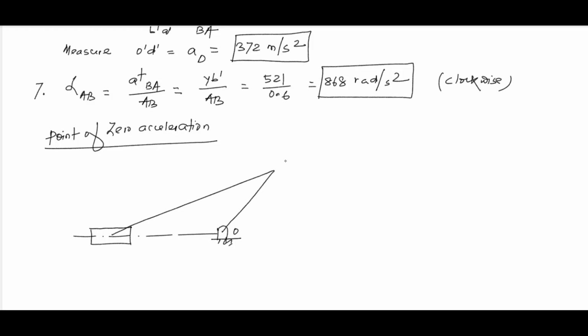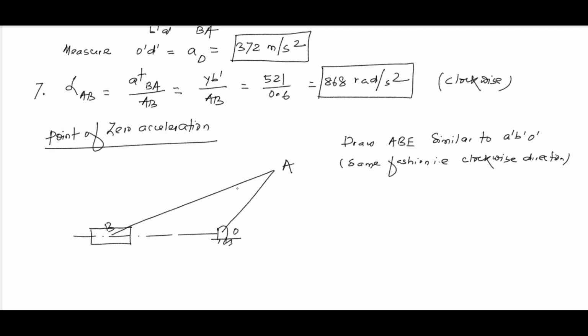Let's say this is point O, this is point A, this is point B, and here the step is draw a triangle ABE, similar to your A dash B dash O dash, in the same fashion, that is in clockwise direction.